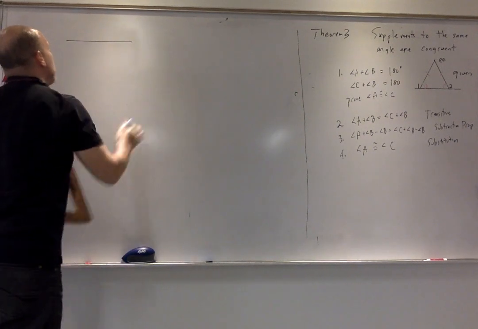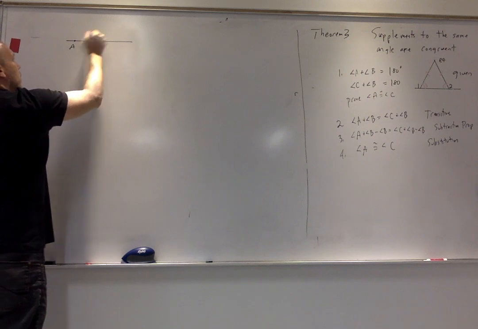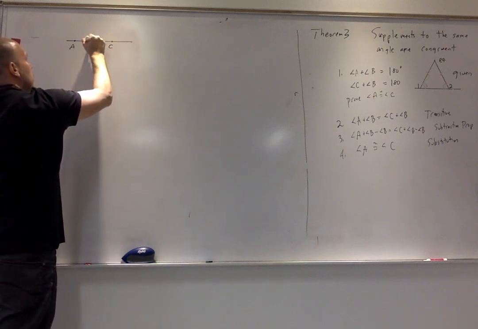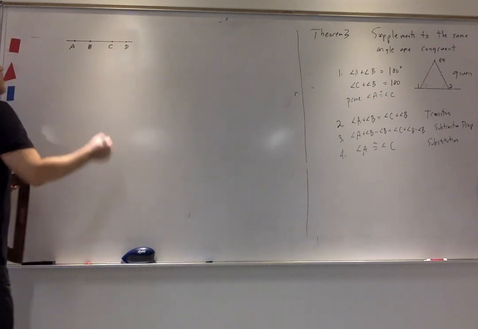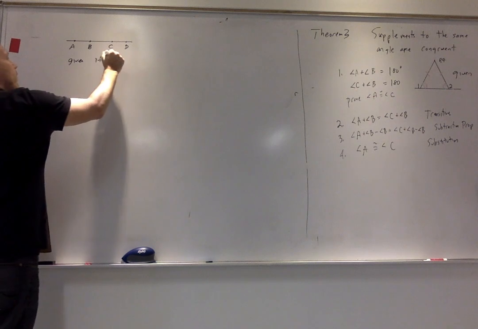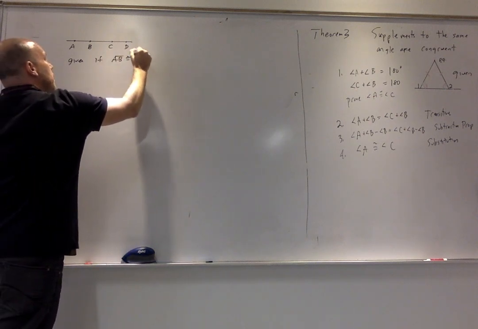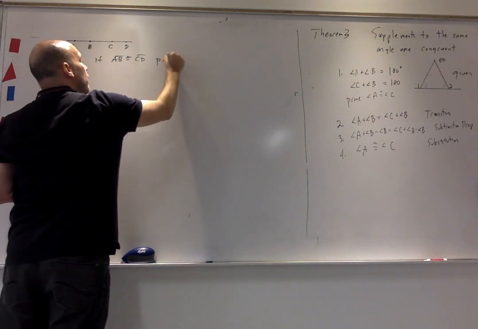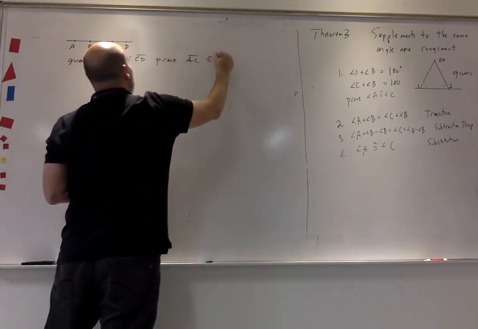Given a segment A, B, C, D. Given AB is congruent to CD, prove that AC is congruent to BD.